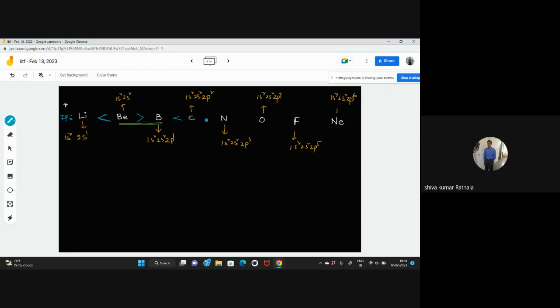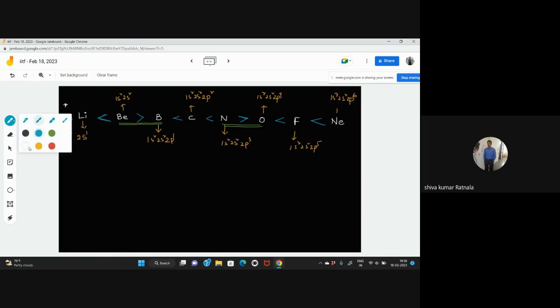From carbon to nitrogen also it increases, no doubt. When it comes to nitrogen to oxygen, instead of increasing it decreases, so again we have an exception. From oxygen to fluorine, obviously it increases, and fluorine to neon also it increases more.